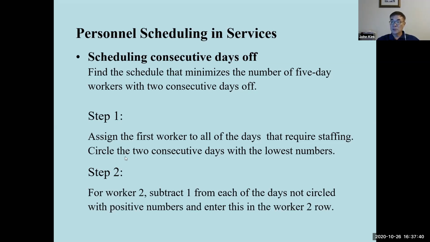Circle the 2 consecutive days with the lowest numbers. And then step 2, for worker 2, subtract 1 from each of the days not circled with positive numbers and enter this in the worker 2 row.